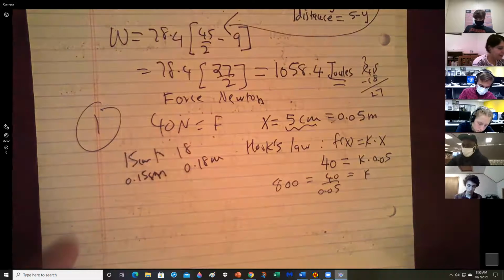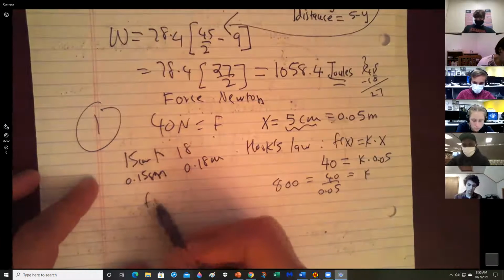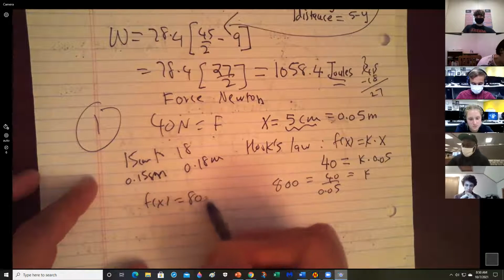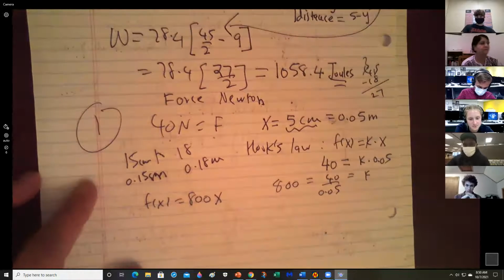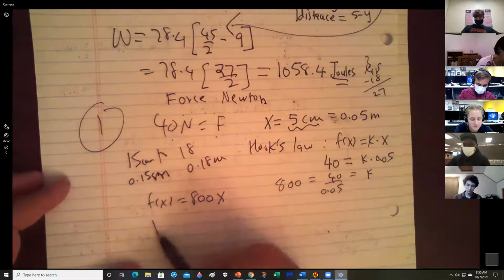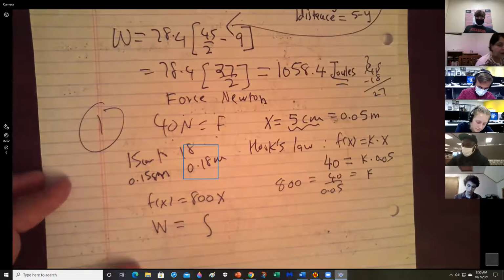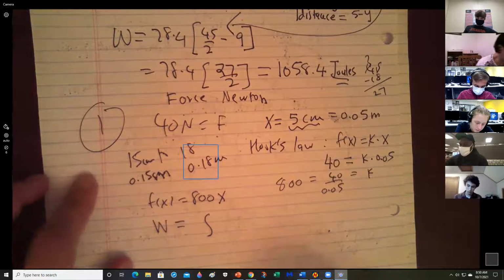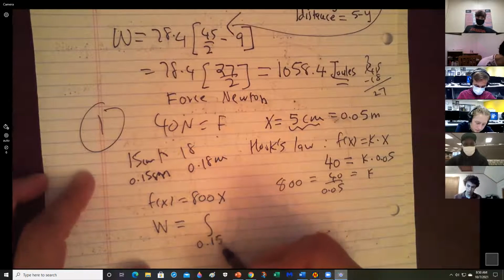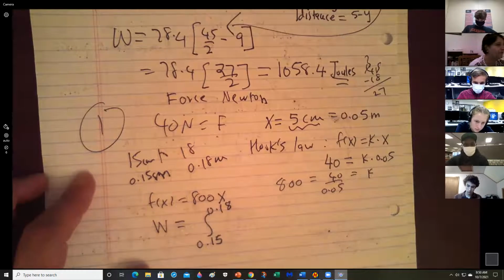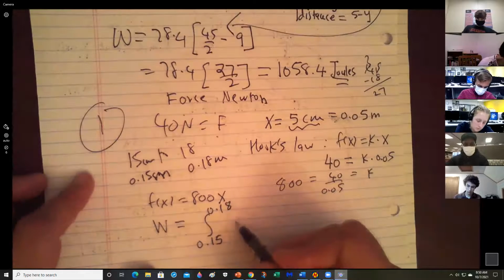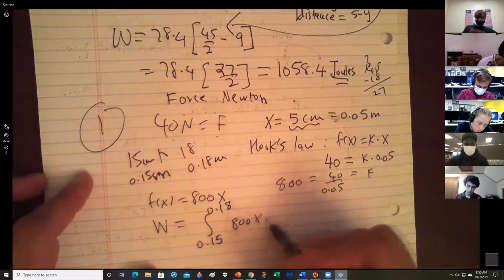Yes. All right. So our f of x is 800x. Work done: you want to know the work done in stretching it from 0.15 to 0.18. And our function will be 800x dx.